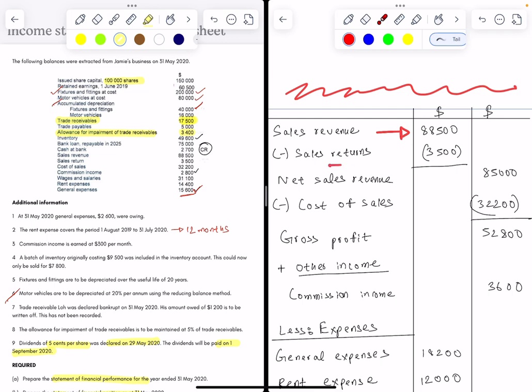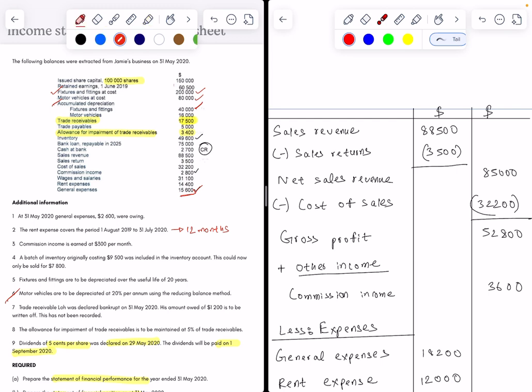And then we deduct sales returns of $3,500 from the sales revenue, which gives us a net sales revenue of $85,000. Now, what I recommend you do as you prepare this is to take the items which you have already utilized as part of your financial statements preparation, so that way you don't miss out on any item.